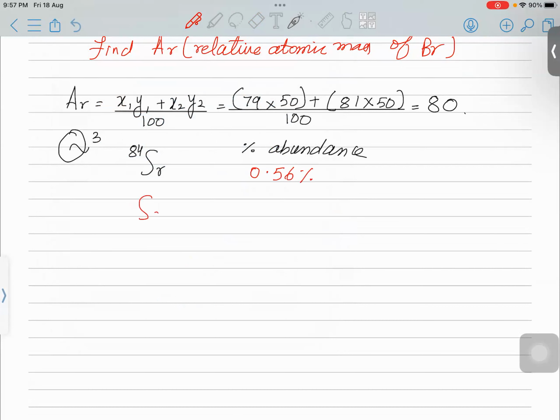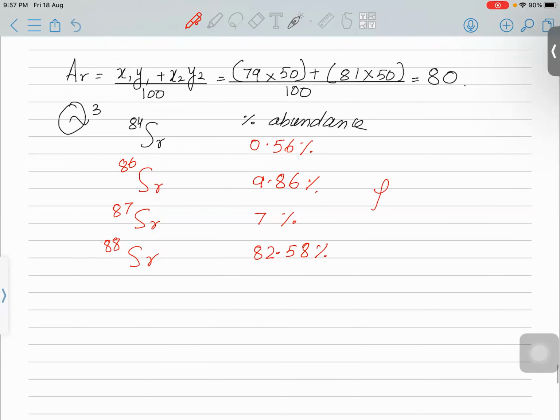Next is strontium 86, percentage is 9.86%. Next, strontium 87, percentage is 7%. Then strontium 88 and percentage is 82.58%. Now find AR.